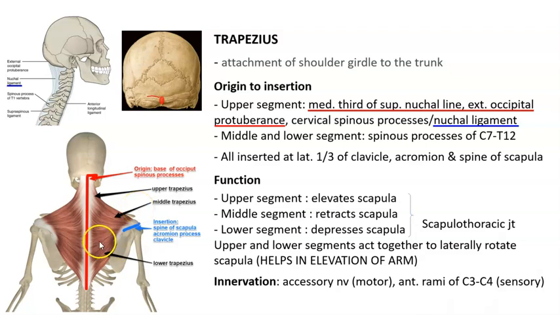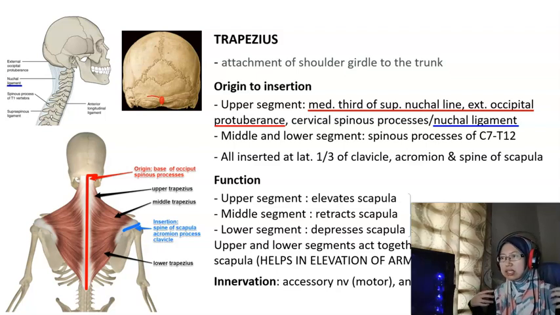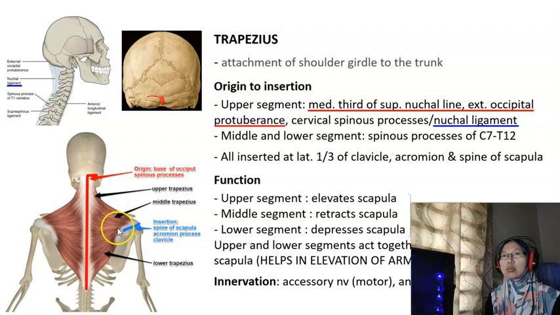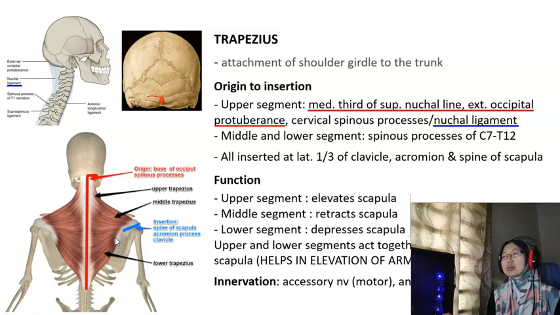When the middle segment contracts, the scapula is retracted backward. When the lower segment contracts, it will rotate the scapula, so the glenoid will face upward. So it helps in elevation of the arm.